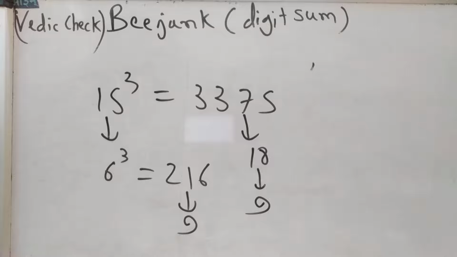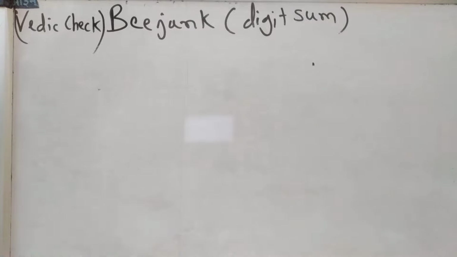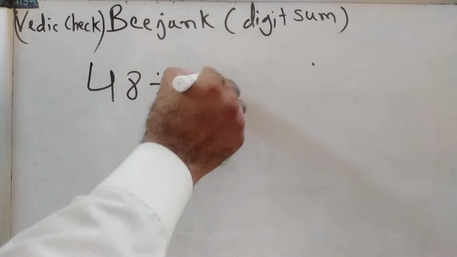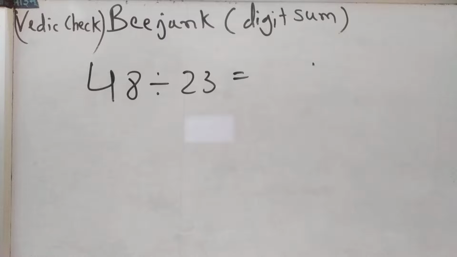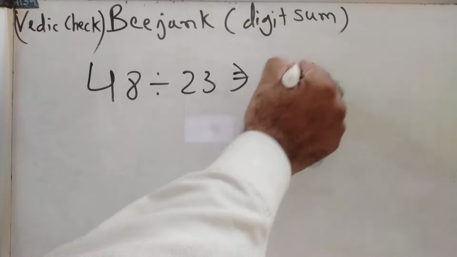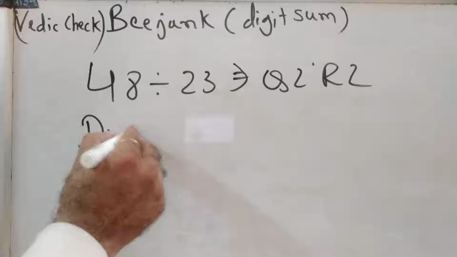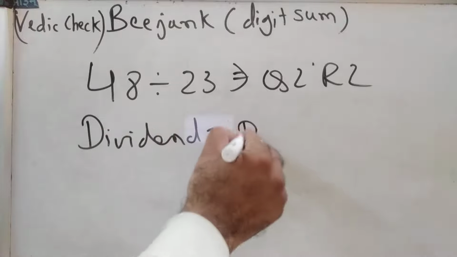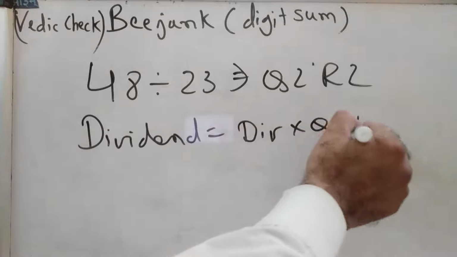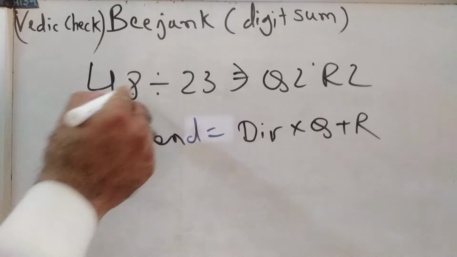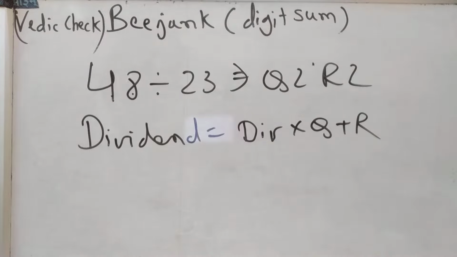To check correctness of division, say 48 divided by 23 is equal to, here we get quotient 2 and remainder 2. To check the correctness of this result, we use the formula dividend equal to divisor into quotient plus remainder. Here dividend is 48, and Bijank of 48 is 8 plus 4, 12, and 1 plus 2 is 3.